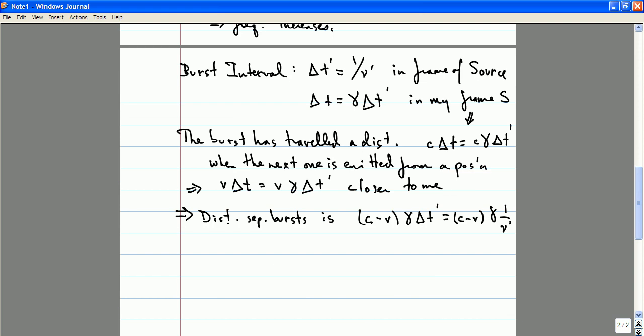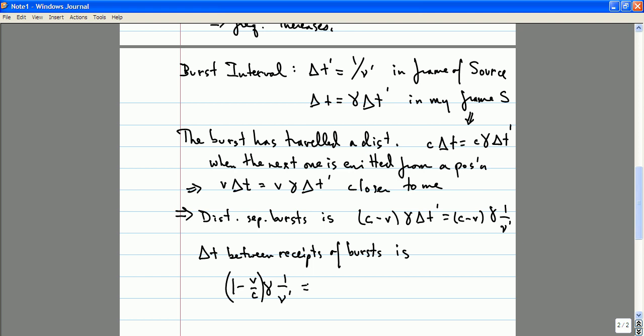So the time interval between the receipt of bursts of light is simply that factor divided by c. So it's 1 minus v over c times gamma times 1 over nu prime.